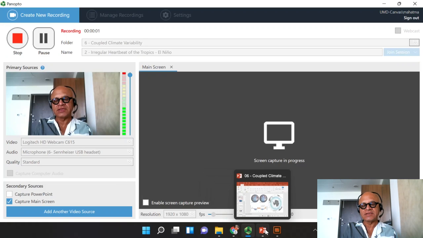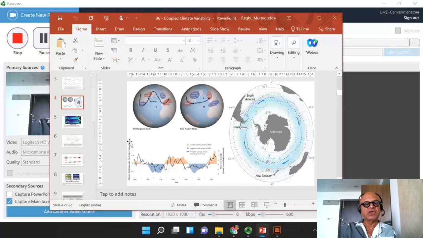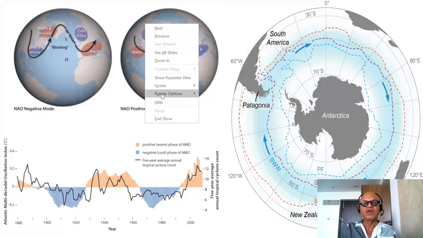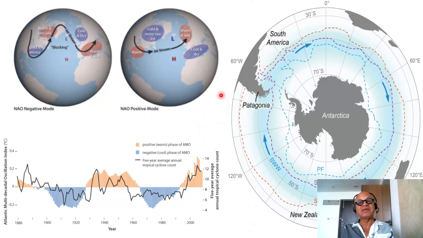Okay. So let's continue with the coupled climate variability, and we have mentioned already the alphabet soup of modes of climate variability with many different time scales.